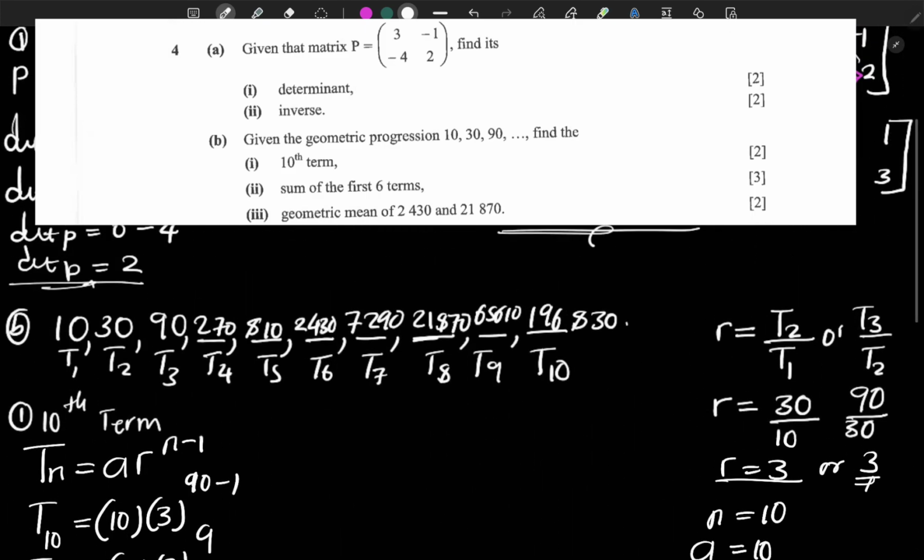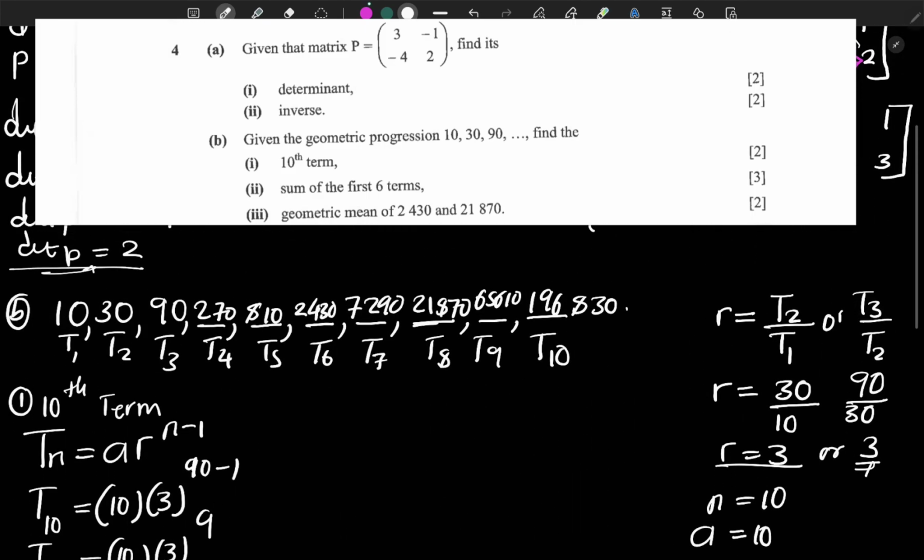So the first 6 terms are these numbers, from here up to here. So if you want to check your answer, you can try to add these 6 numbers and see how much you are getting.